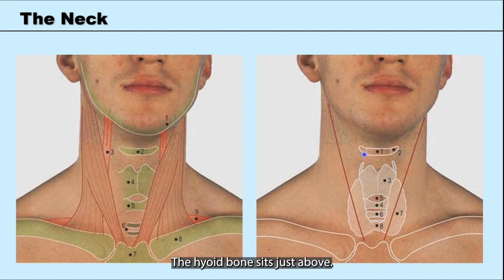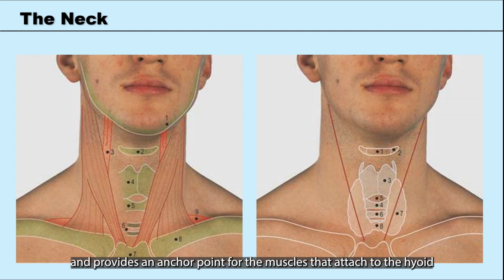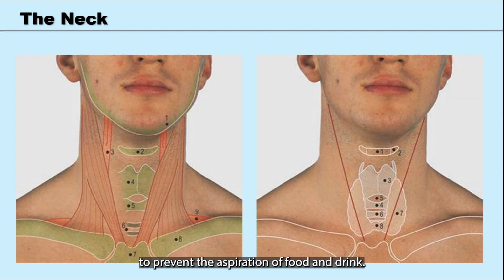The hyoid bone sits just superior to the larynx and provides an anchor point for the muscles that attach to the hyoid and the larynx, allowing the raising of the larynx during swallowing to prevent the aspiration of food and drink.